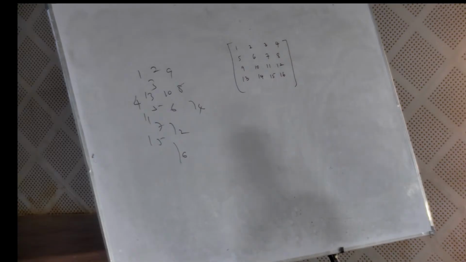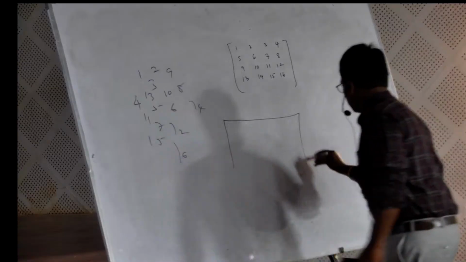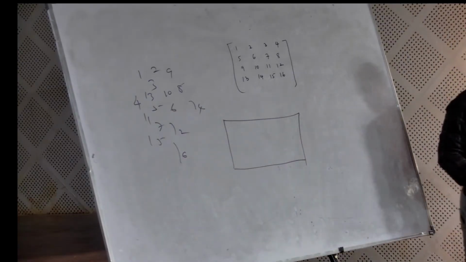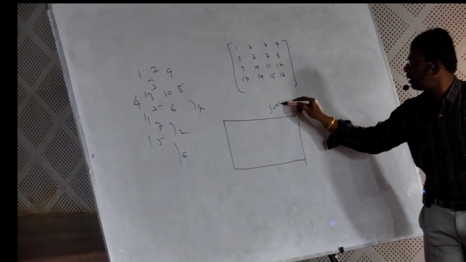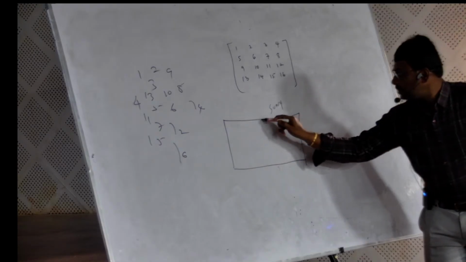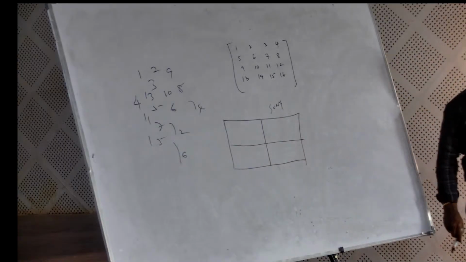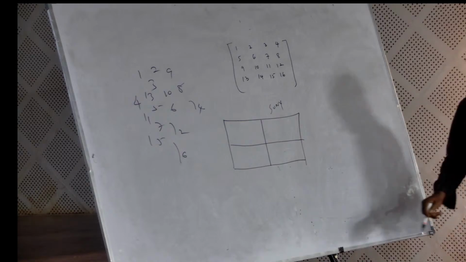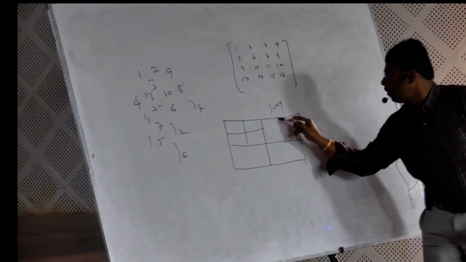Okay, now, dear students, if this is your LED monitor, Sony or Samsung, initially the screen is divided into four equal parts. How many equal parts? Four equal parts. Now, once again, each and every part is divided into four equal parts.